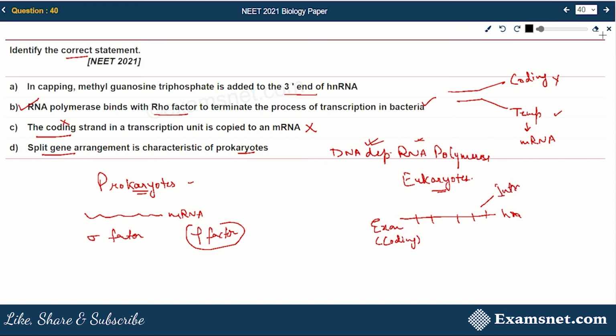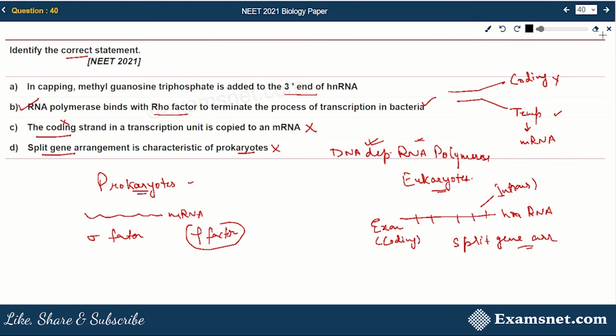What do introns do? These interrupt the exons. So this is known as split gene arrangement because the exons are split by the introns. Split gene arrangement. Therefore, option D is false because it happens in case of eukaryotes, not prokaryotes.